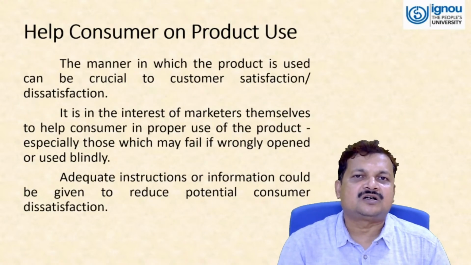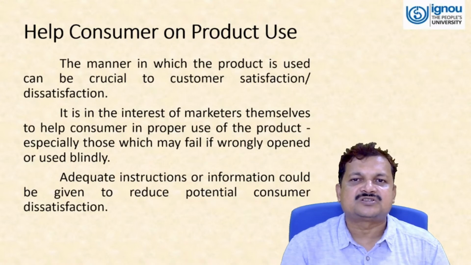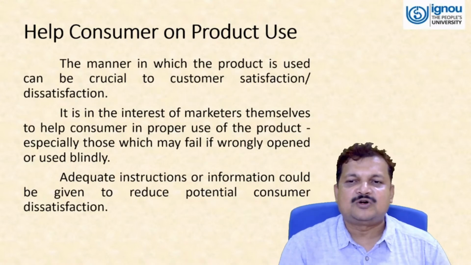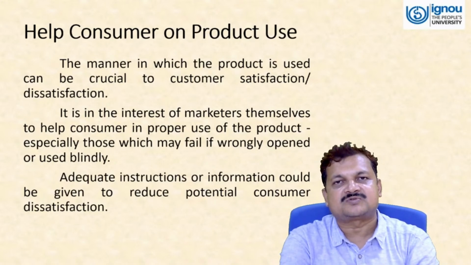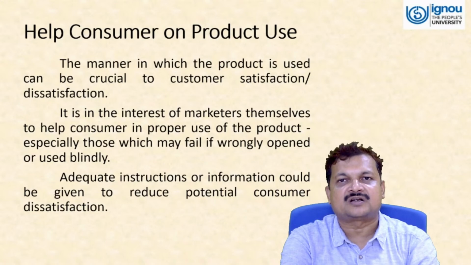Help consumers on product use. The manner in which the product is used can be crucial to consumer satisfaction. Nowadays, if the product is a technical, complex product, you send executives to educate people how to operate it, how to do the activities, how to maintain this particular product.